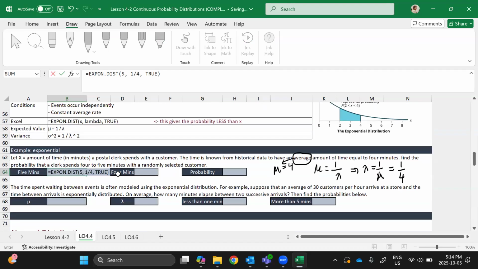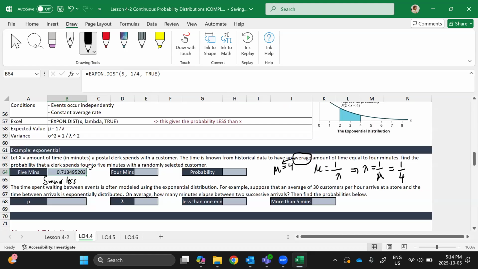You always set it to true. So what this means is actually 5 minutes or less is what the true part means. That this is giving us the probability of taking 5 minutes or less. It's about 71%. But the question doesn't ask us for 5 minutes or less.